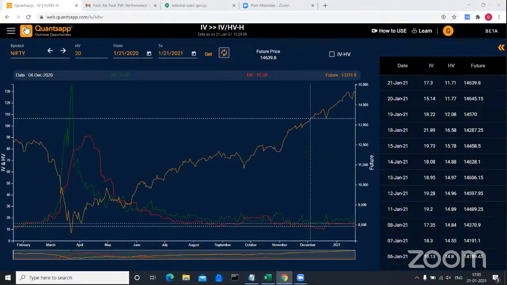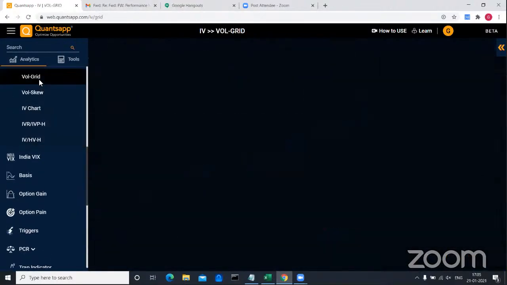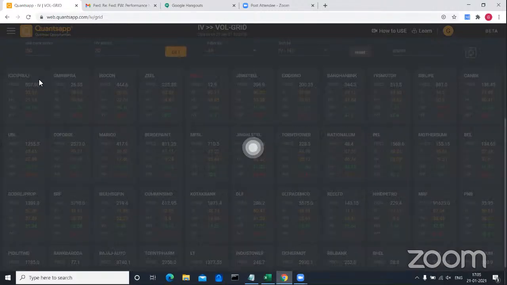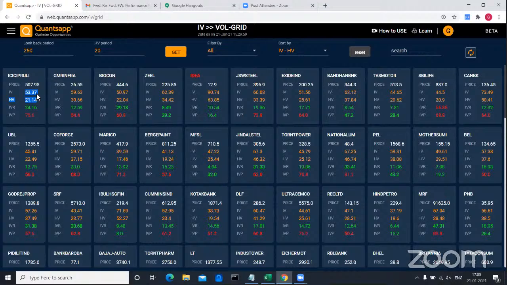So if I want to rank the current IV based on the previous IV, we have taken an example. Let's say in the previous year the volatility was in the range of 30 to 60.